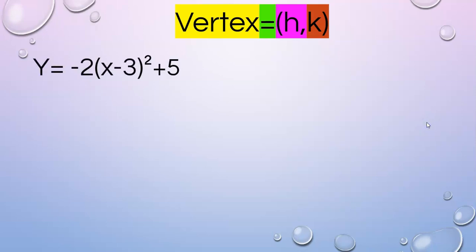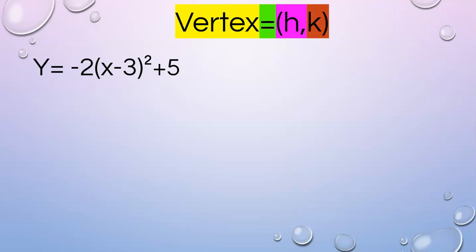So let's take a look at some examples. In this first example, I want to identify my vertex. I can do that because I have a value in my H position and a value in my K position.